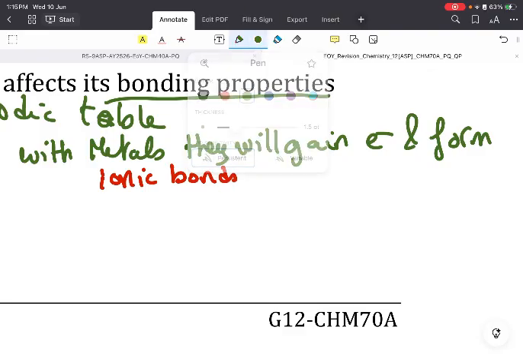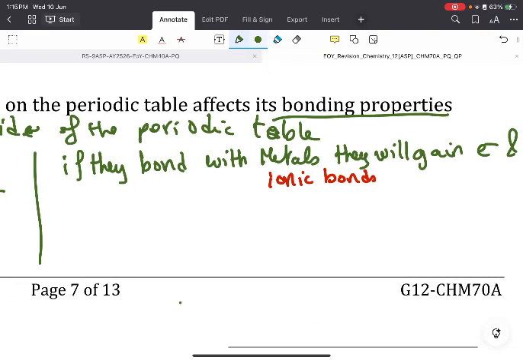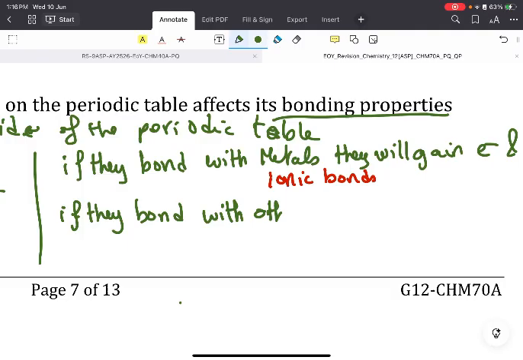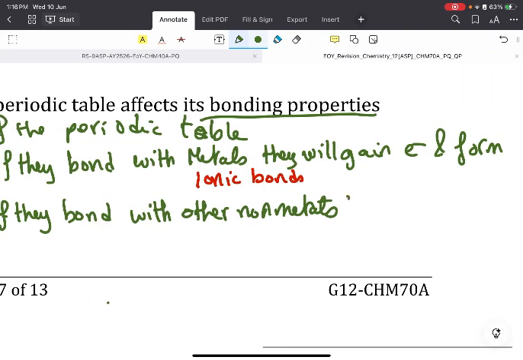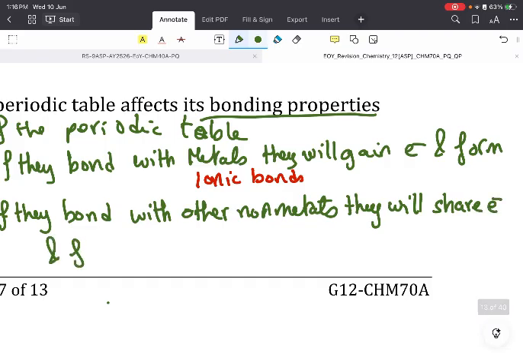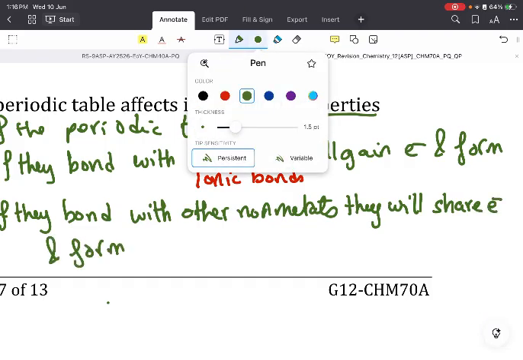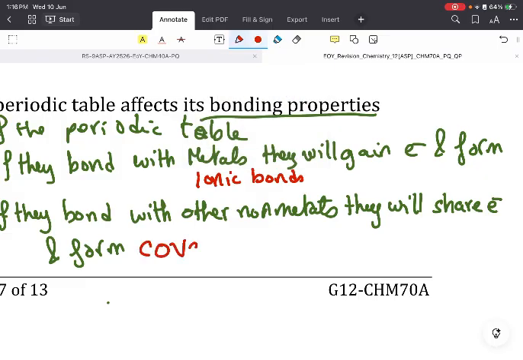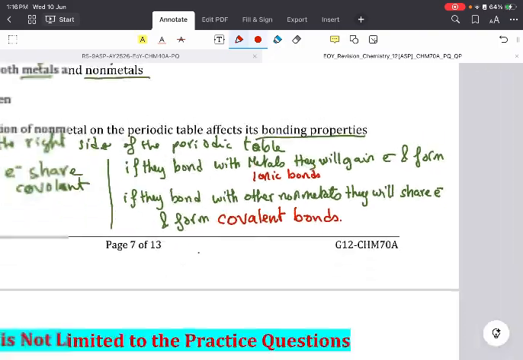The question is asking me about the bonding, so I have to be specific. If they bond with other nonmetals on the periodic table, they will share electrons and form covalent bonds. Okay, let's continue.